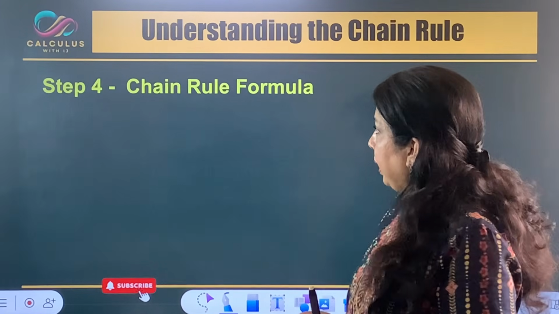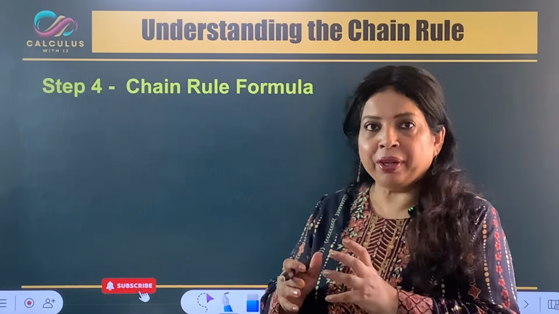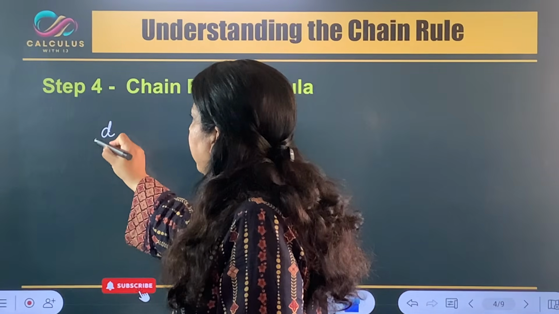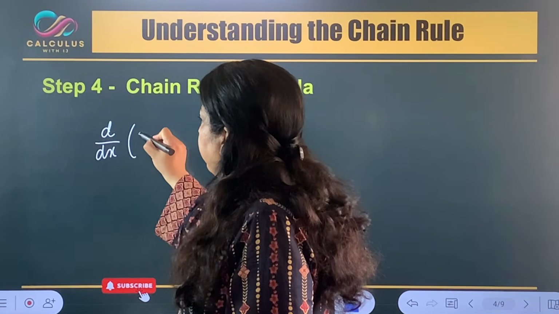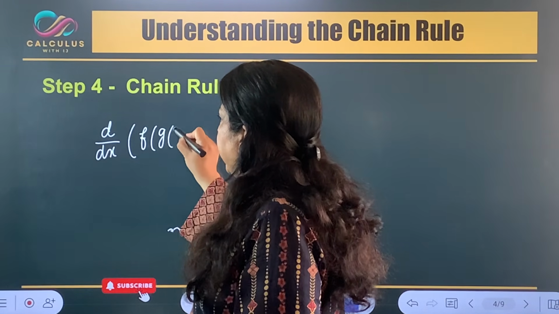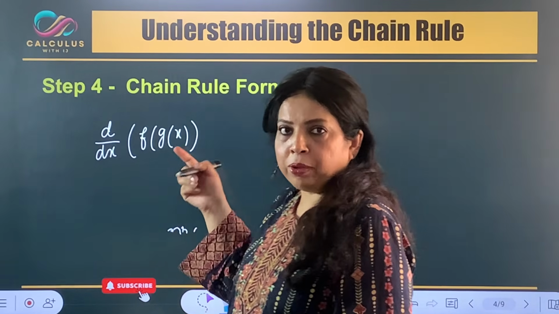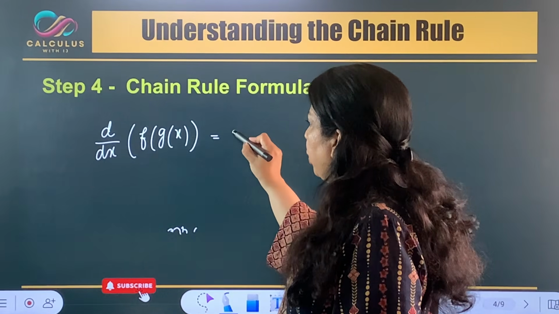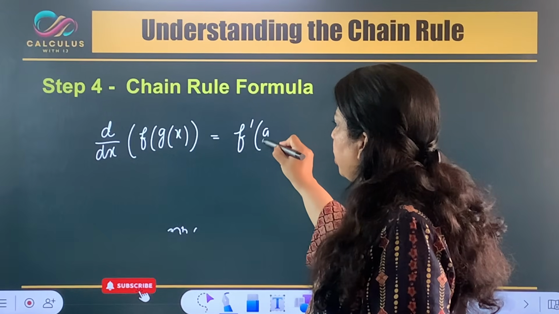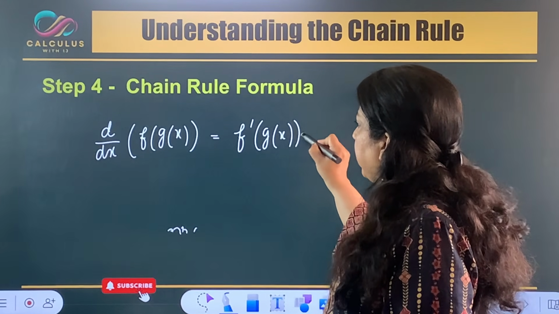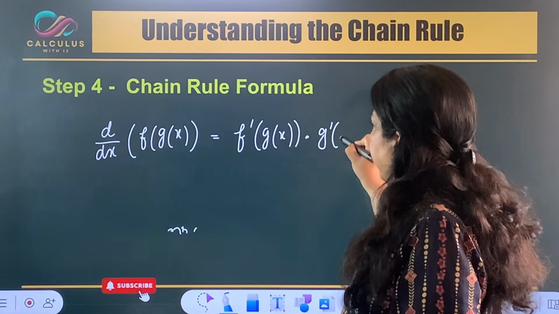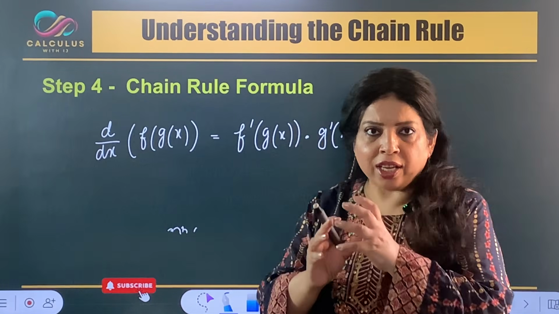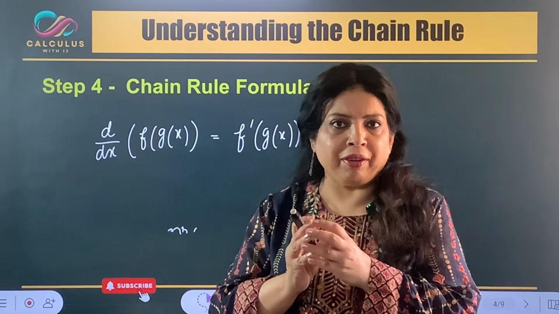So mathematically, the chain rule can be written as derivative of f of g(x), this is a composite function, is equal to f dash g(x) multiplied by g dash x. F dash and g dash represent the first order derivatives.